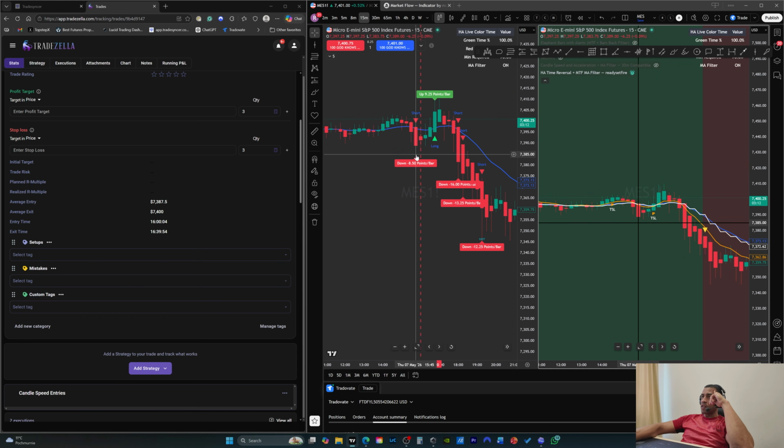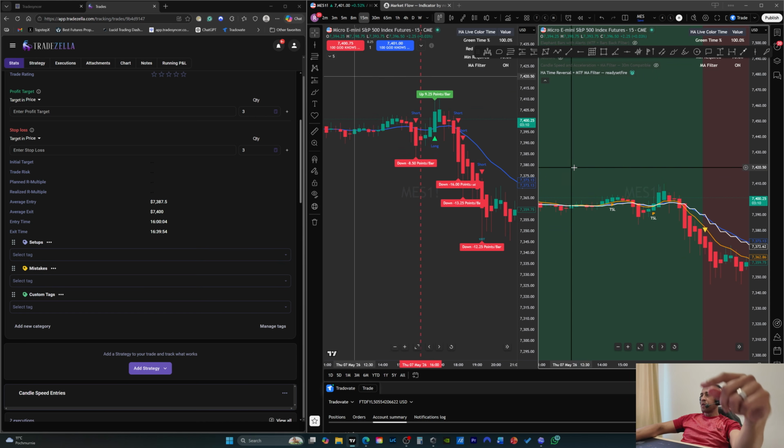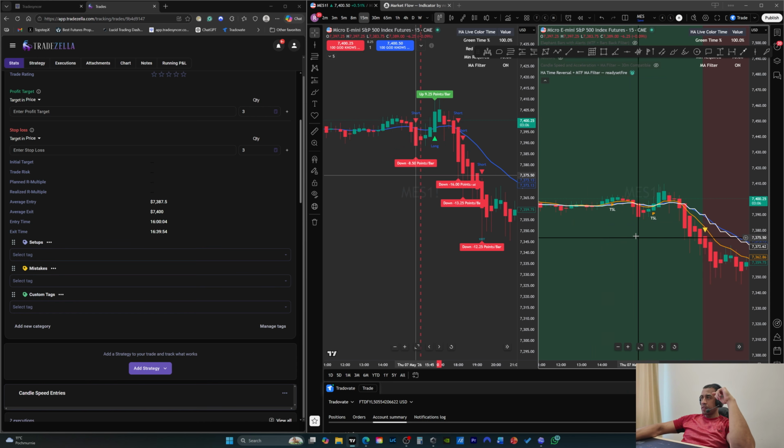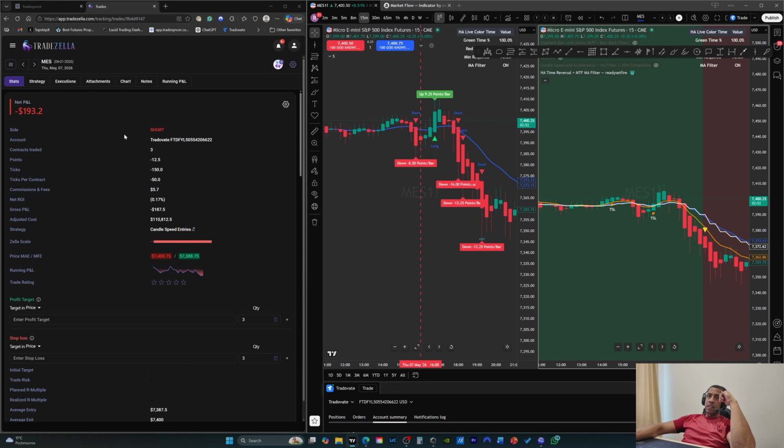It's a short sign on the candle speed indicator, but on the market flow chart, the background is still green. So that's something I might take into consideration in the future. So that was a loss, and I lost $193 with 3 micros.